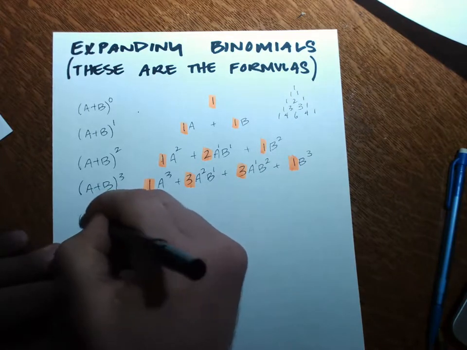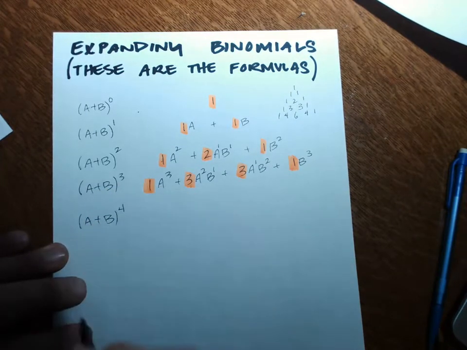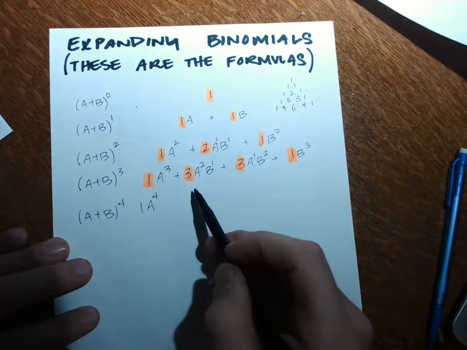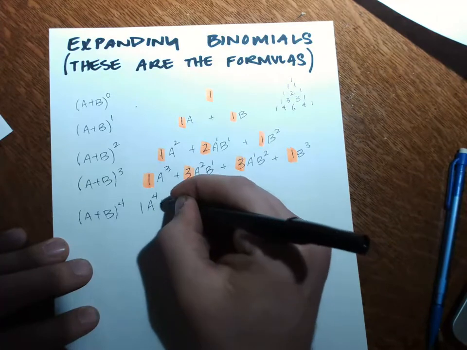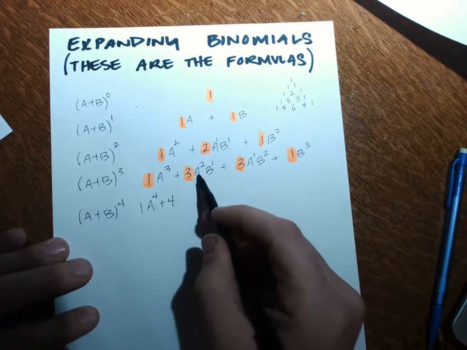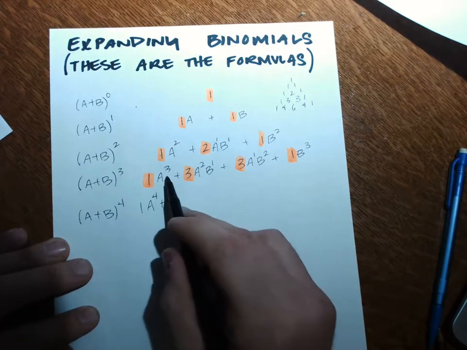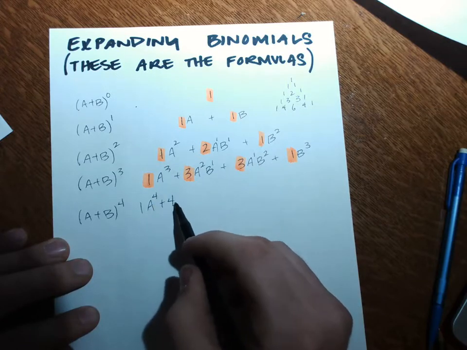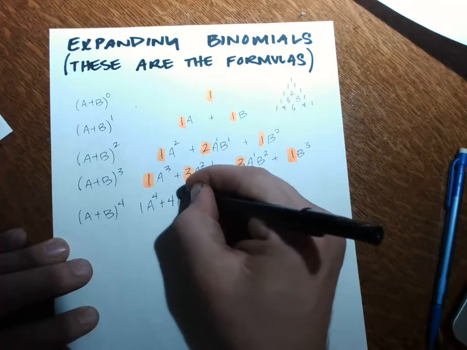Meaning that a plus b to the 4th power would be 1a to the 4th. Then the next coefficient is 4. And now notice what's happening with the a's. The a's are counting down from the maximum exponent. So the next a is going to be a to the 3rd power.